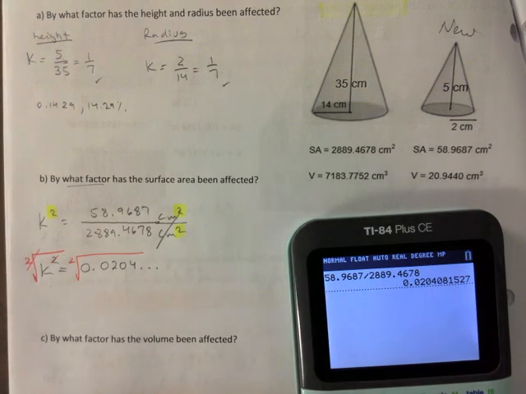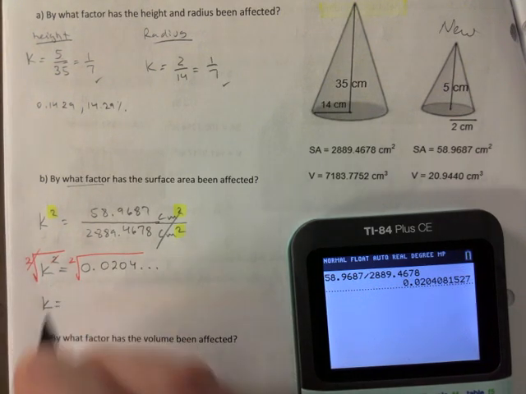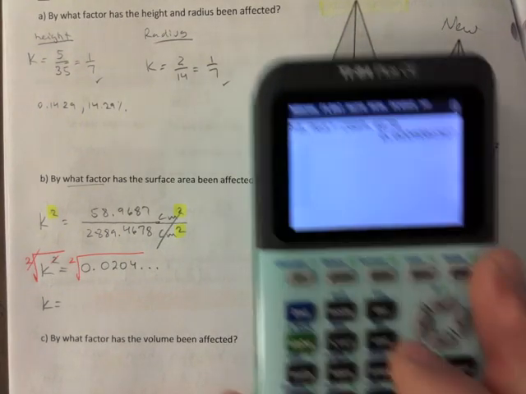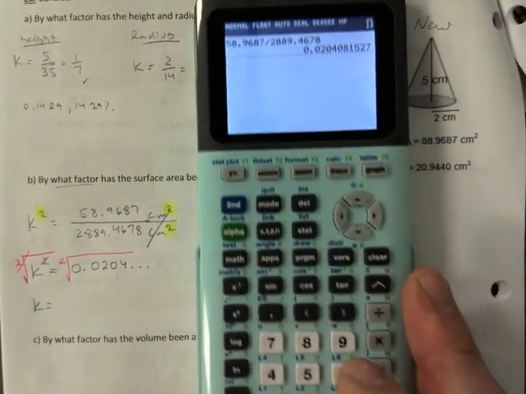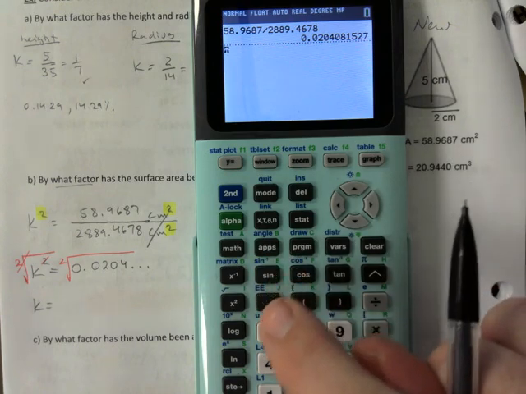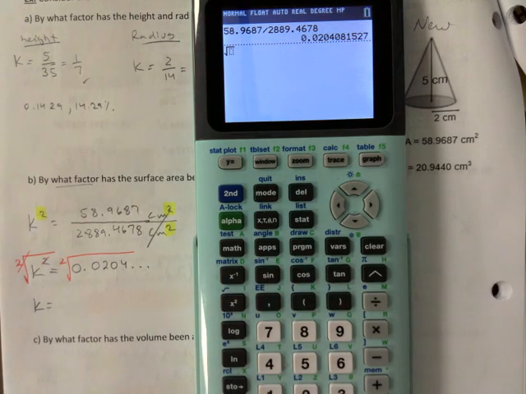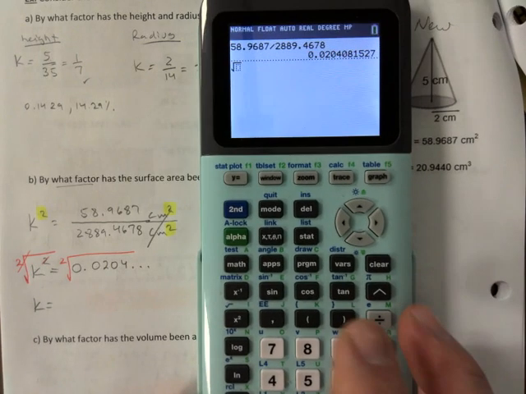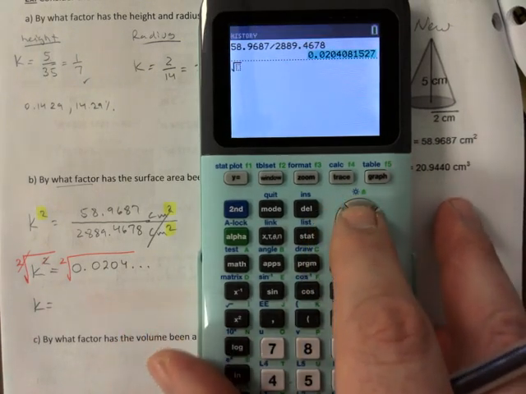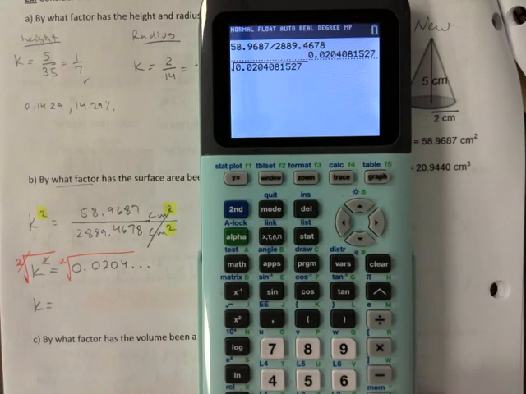And did I show you how to square root with this calculator? I'm not sure. But if you look up here, you just have to press second and then x squared, right? Above x squared, there's a square root symbol. And then I'm just going to arrow up, copy that, paste it, and hit enter one more time.